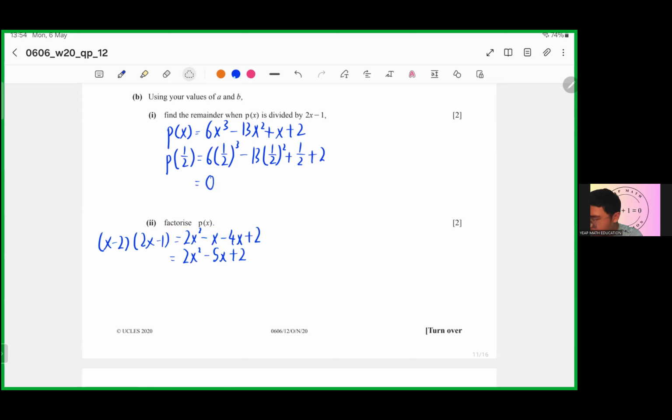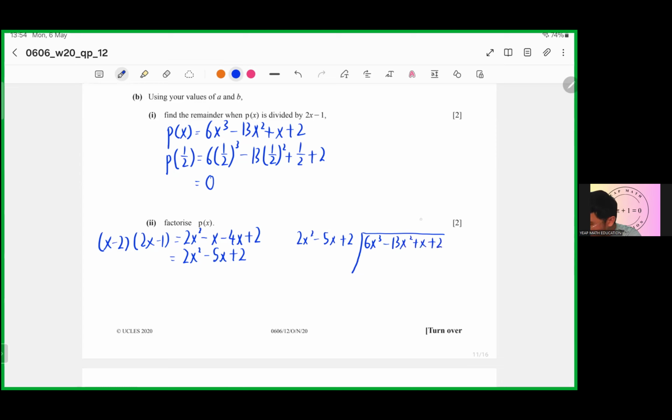Okay, so I'm using the long division method to solve these equations. 2x squared minus 5x plus 2 into 6x cubed minus 13x squared plus x plus 2.